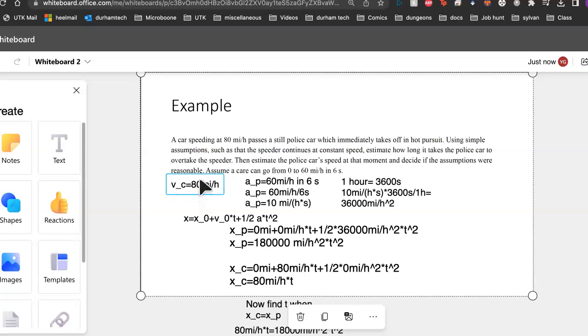But yes, so the velocity of the car initially, and we're assuming it doesn't change, is 80 miles per hour. Then we know the acceleration of the police car is given by 60 miles per hour in 6 seconds. So that translates to 60 miles per hour divided by 6 seconds, which will give us 10 miles per hour per second, or 2 miles per hour second.